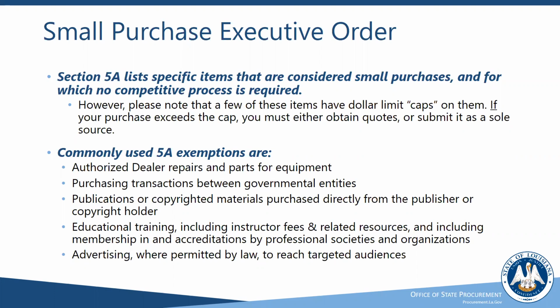It could be for software or something else, and we can't even tell if it falls under the small purchase executive order, not until we reach out to the agency, the person that actually entered the shopping cart, to get more information and documentation. Having all of this entered on the front end will greatly speed up the approval process once the PO comes to our office for review. And if it's submitted as a shopping cart, we will need all of that required documentation in order to issue a purchase order.